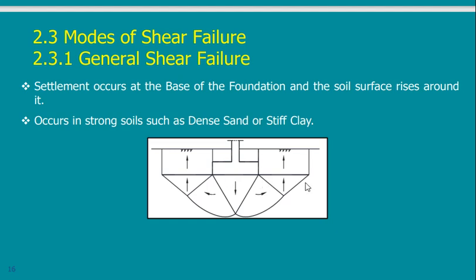This triangle and this one is another block, and whatever is above the foundation is another thing. So this is called a general shear failure. It means that the footing will push this one. Once it pushes this one, these two on the sides will be pushed laterally. When they are pushed laterally, they push this to move up, and so on.